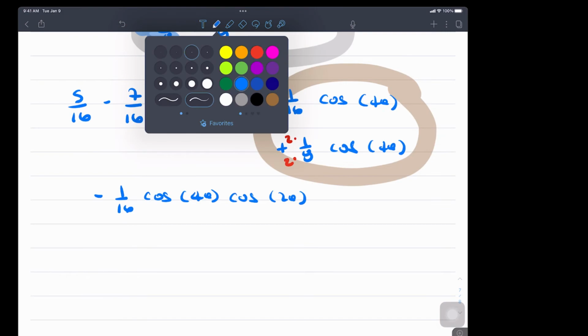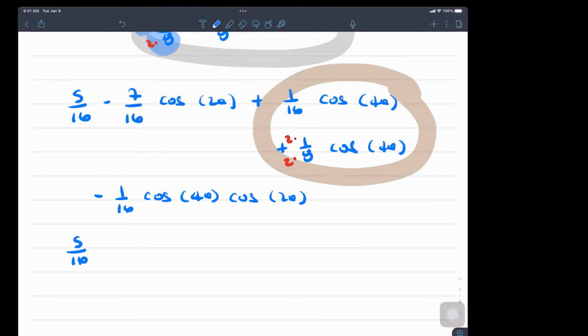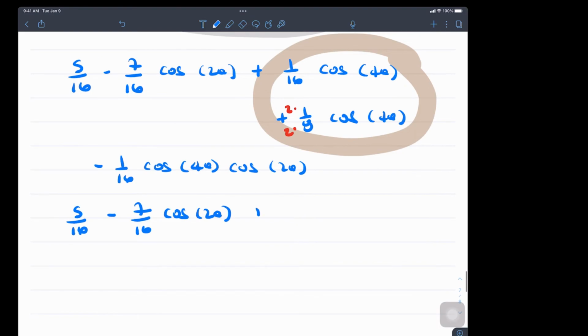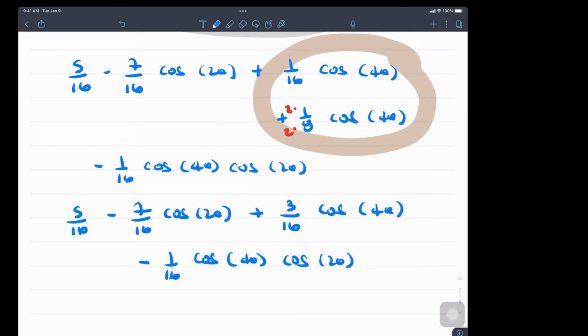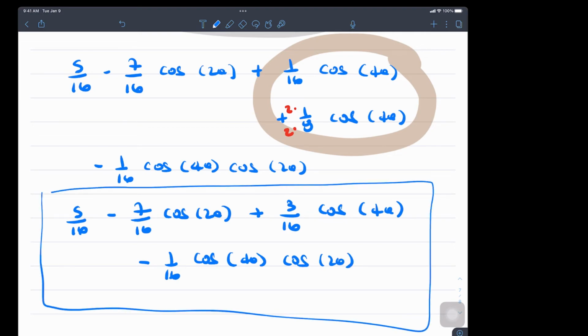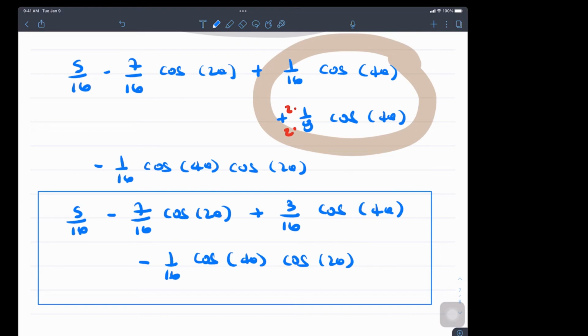So you get 5/16 minus what? 7/16 cosine 2 theta plus what? 3/16 cosine 4 theta minus 1/16 cosine 4 theta cosine 2 theta. And that's pretty much it.